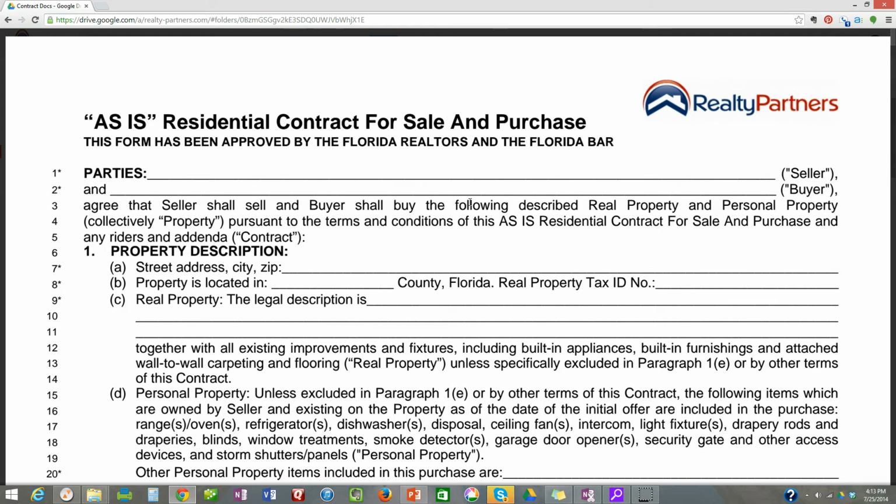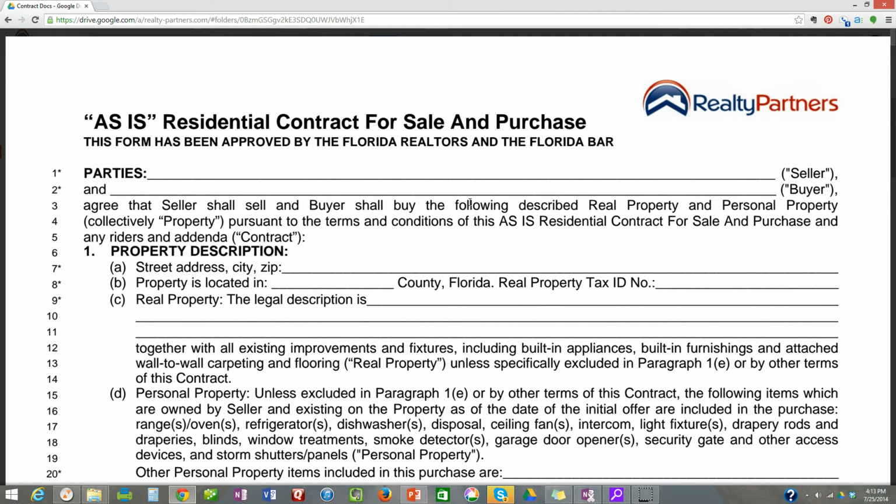A couple of misconceptions to push out the way. Just because you use an as-is contract, it does not alleviate you from having to produce certain disclosures. For example, a homeowners association disclosure, if that is not provided and there is an association, the buyer could cancel. A condominium association disclosure and the condominium documents, the right of rescission, those things are not impacted by the as-is contract.